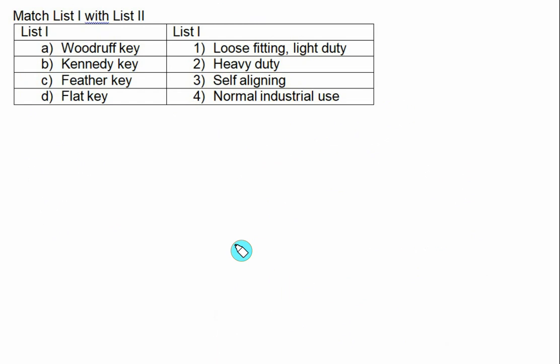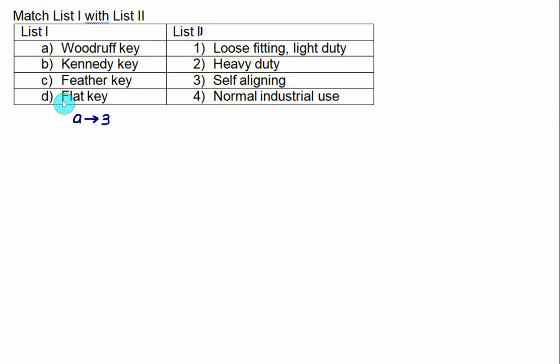And the final question we're going to take on the key is match the pair. We have given here the types of key, and list 2 represents the application area. As far as the Woodruff key is considered, it is normally used for self-aligning, so A matches with 3.